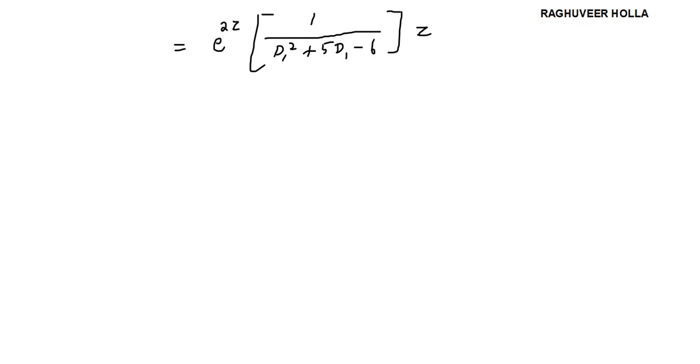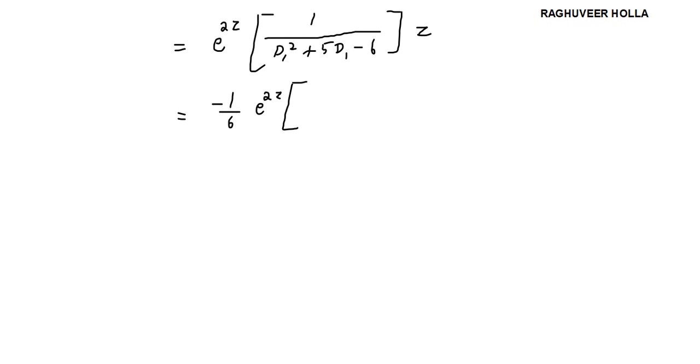Now I can take minus 1 by 6 outside, and further I can simplify it, keeping e to the power of 2z outside.